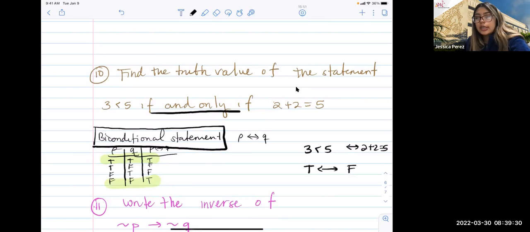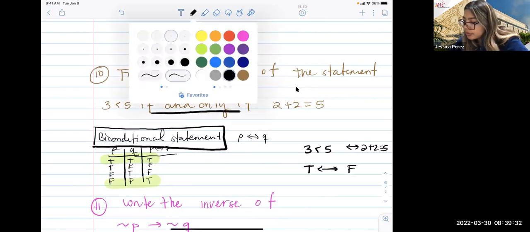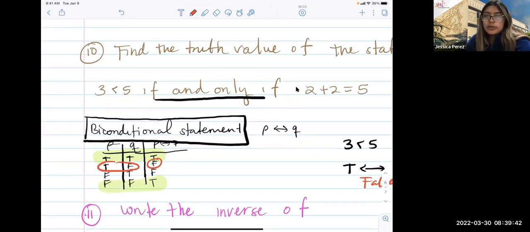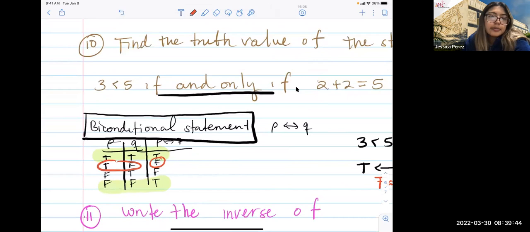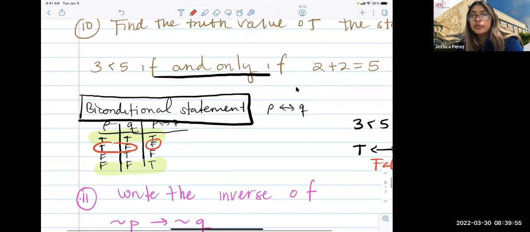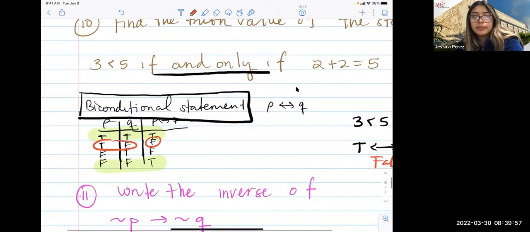So T and F, if you look at the truth table, is an F. So this is false. The biconditional is true if both are T or both are F, and the rest will be false. That's the biconditional. You have to know the truth table for all of them.